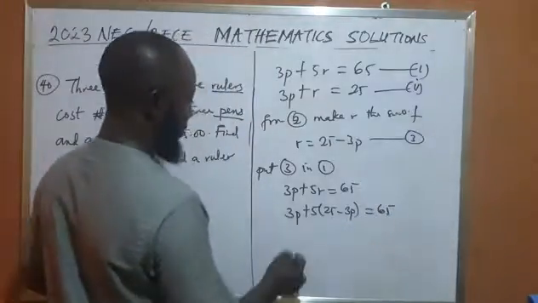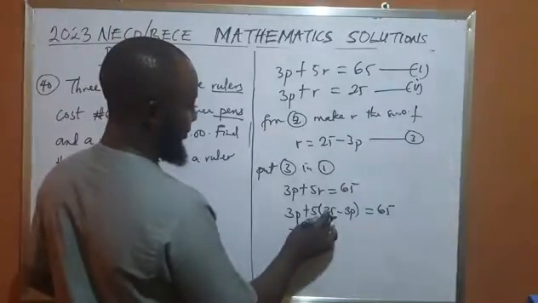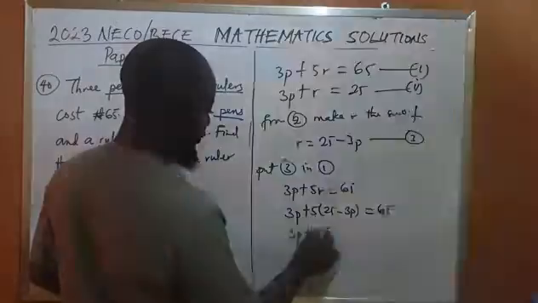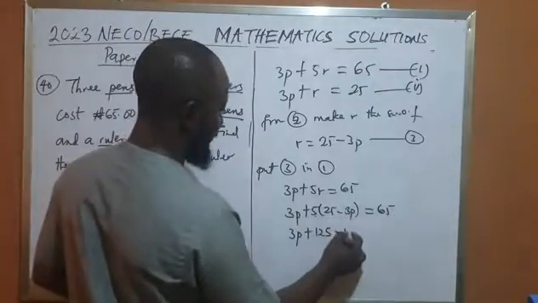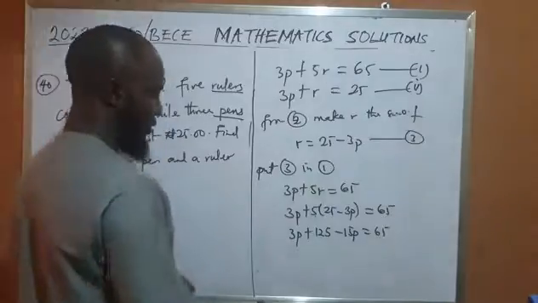So that's 3P plus, we open the bracket: 5 multiplied by 25 is 125, minus 15P, equals 65. From here we collect like terms: 3P minus 15P equals 65 minus 125.